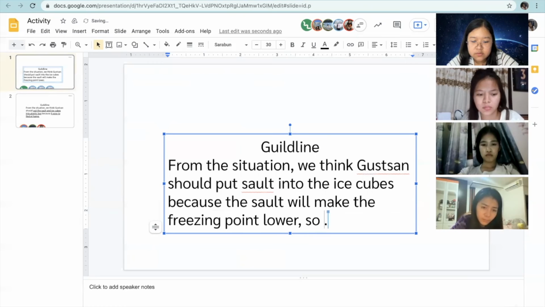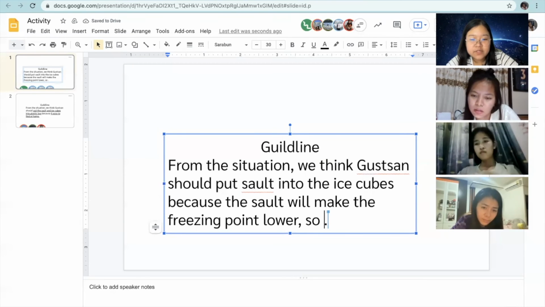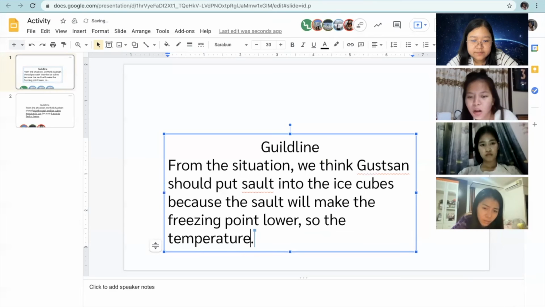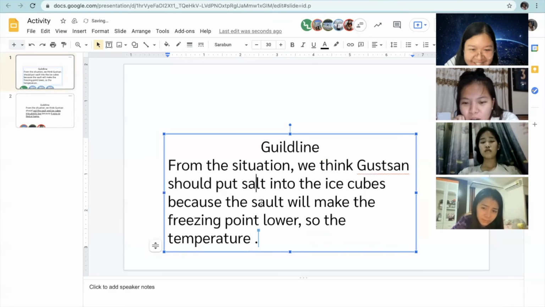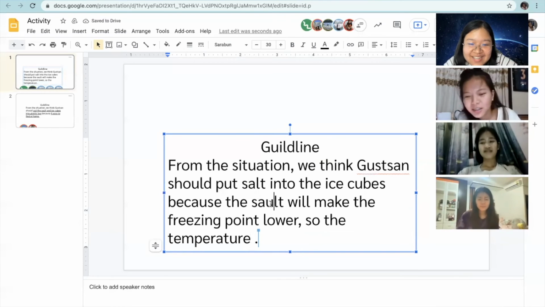So the ice cube, the temperature. Oh, I think salt is spelled S-A-L-T. Okay. Yes, it's correct.